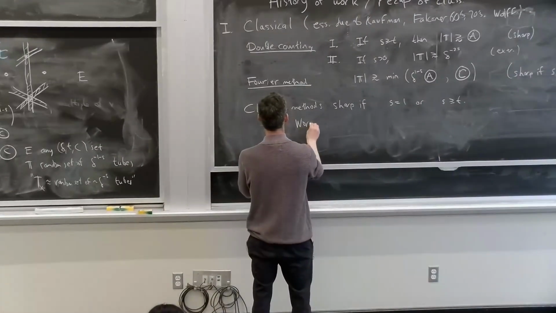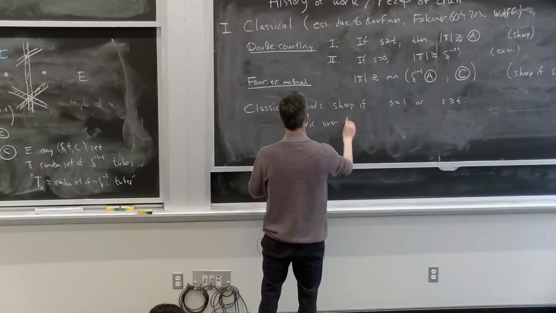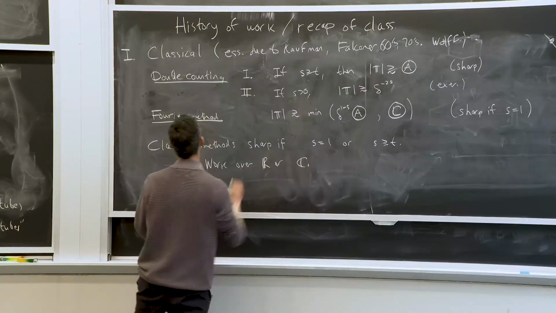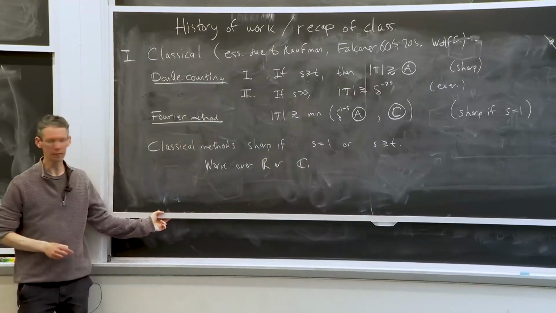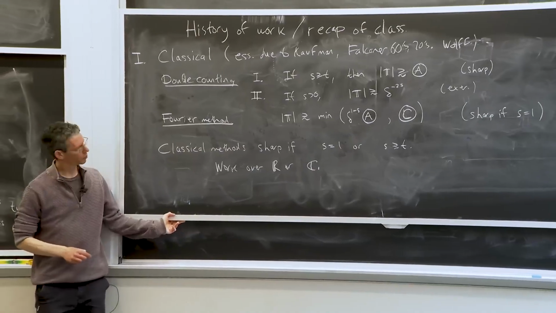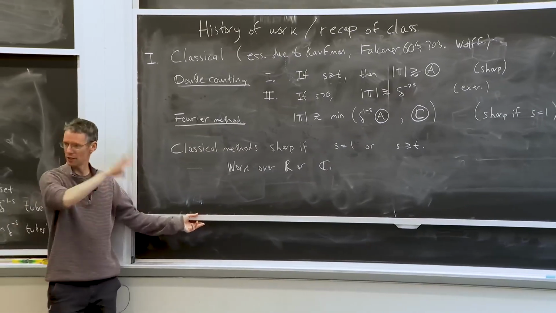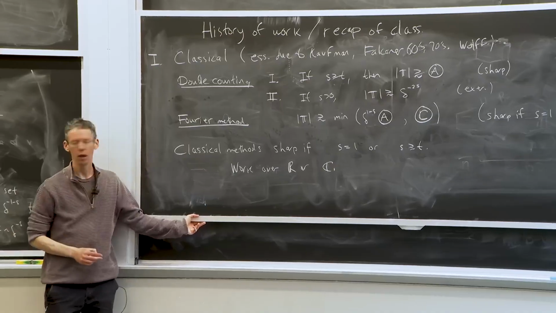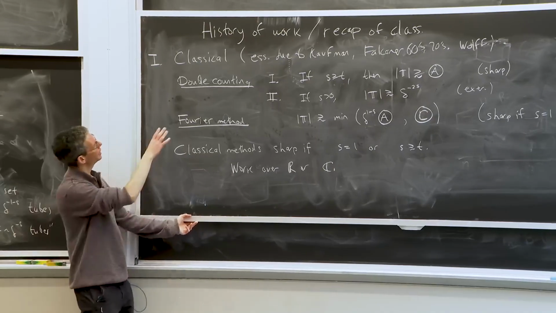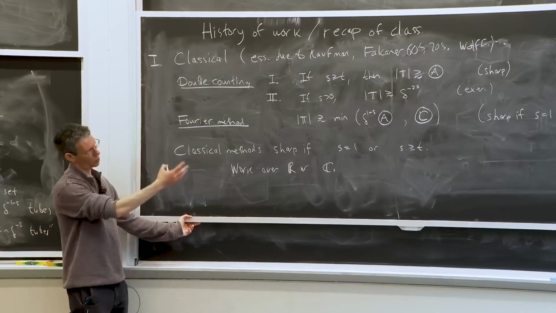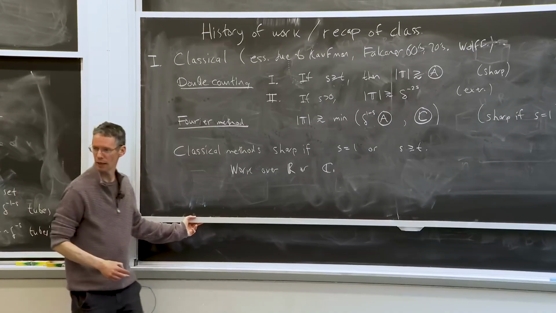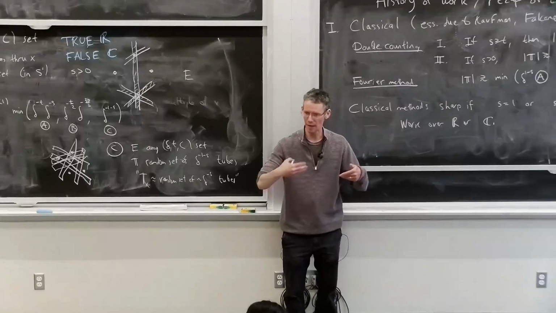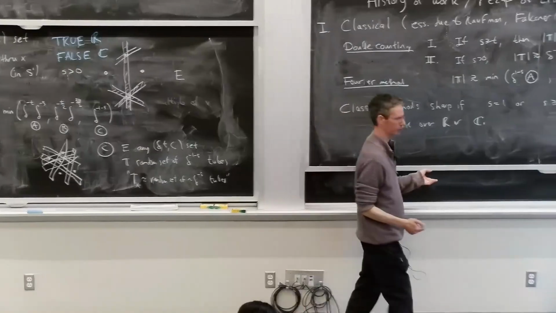They work over R or C. OK, so to prove this theorem, we have to distinguish R and C. So we'll have to do something which in some way is different from these. And the next phase in the history begins with Bourgain's projection theorem. And it's a phase that I'll label as epsilon improvements.